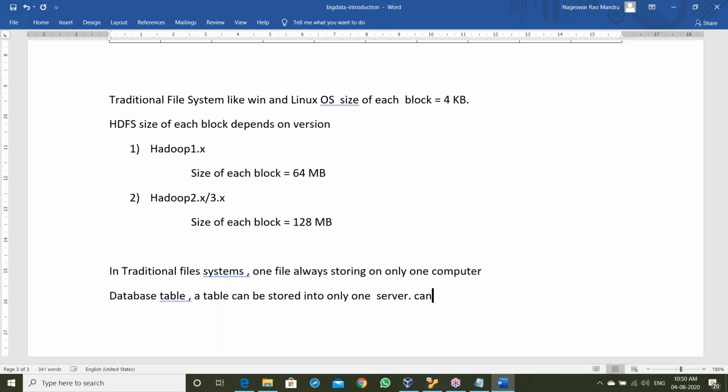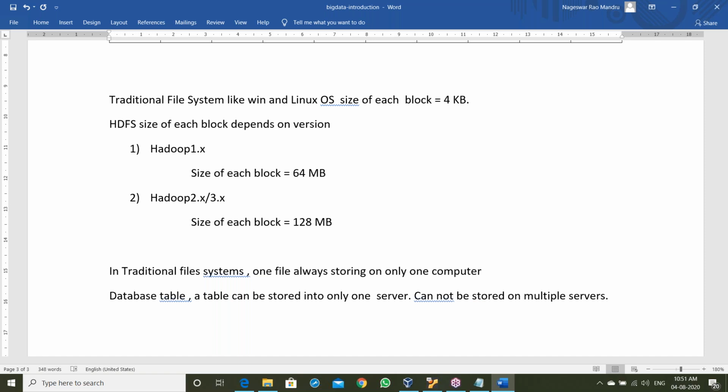You can't split the table, you can't break it, so it cannot be stored onto multiple servers.